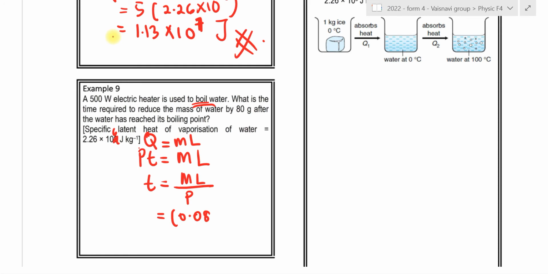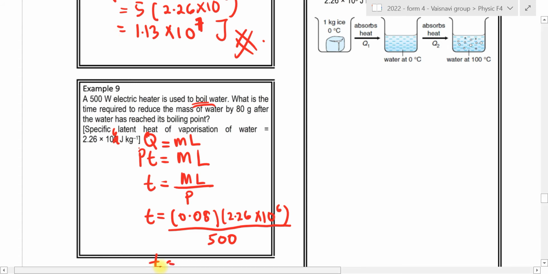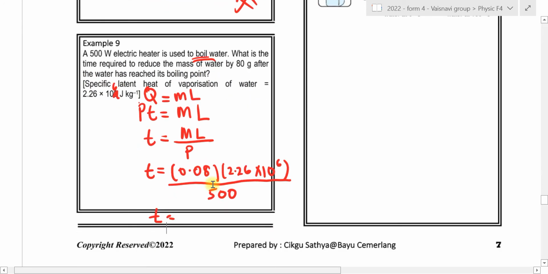Then multiply by the latent heat. What is the specific latent heat? 2.26 times 10 to the power of 6. And then the power is 500. What is the time? That is the question we need to answer. 361.6 seconds. 362, we round off.